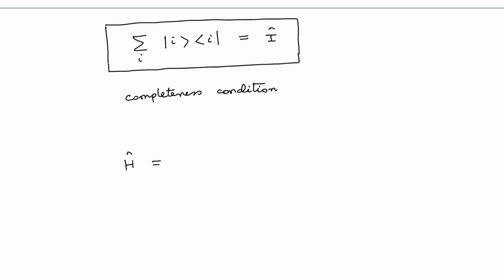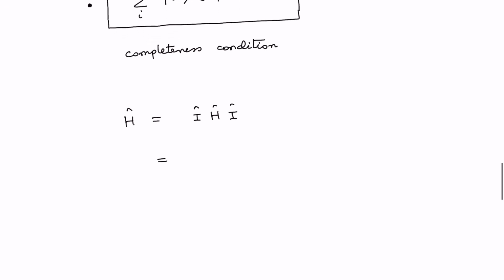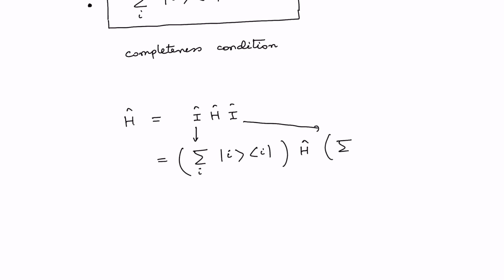Let me show immediately how I can utilize this completeness condition to understand the matrix representation of the operator. For this Hamiltonian operator H, let me multiply both sides on the left by the identity operator and on the right by the identity operator. I can write the identity operator as the sum over I of ket I bra I, then I have H here, and the other identity operator I write as the sum over j of ket j bra j.